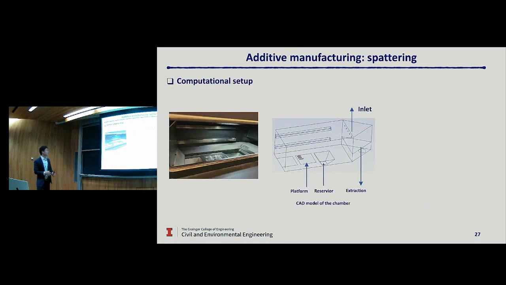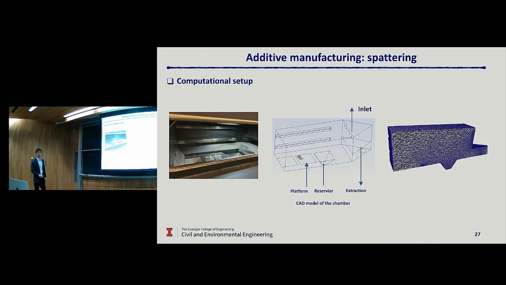Okay, so let me first show you the chamber scale model. This is the machine chamber of the machine you saw in the previous slide. And we built a detailed model of this machine chamber. So this is the CAD model. You see we resolve all the geometric details inside of the chamber, including platform, reservoir, gas flow inlet, and gas flow extraction net.